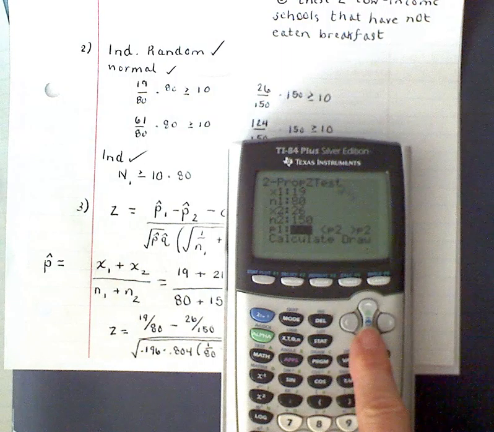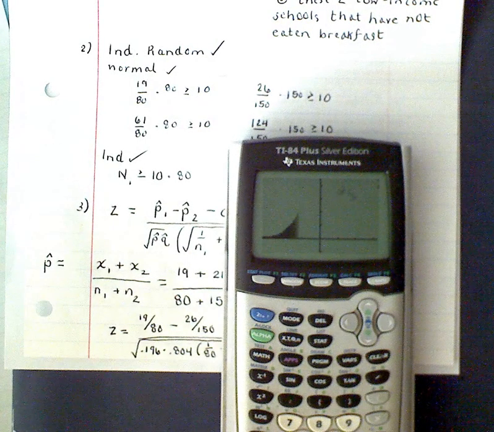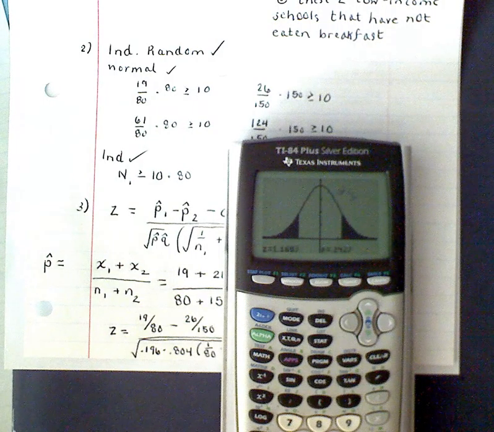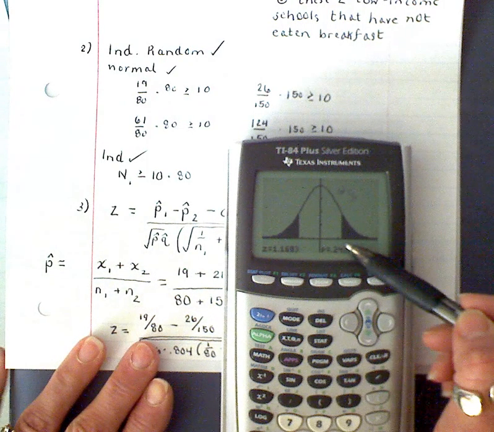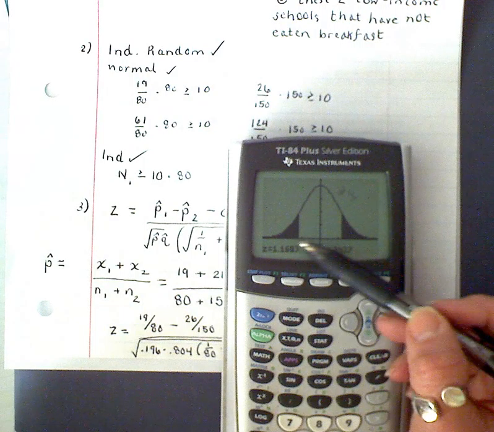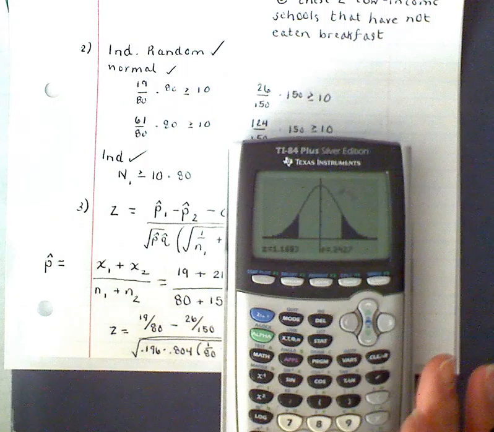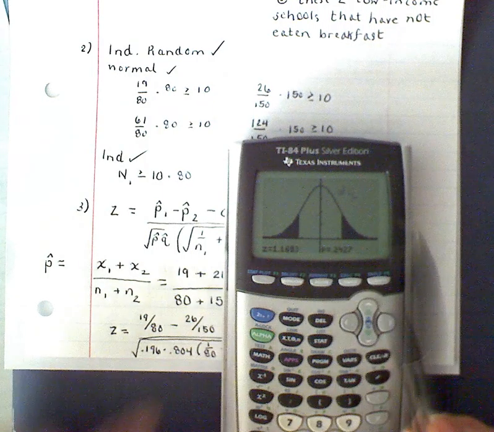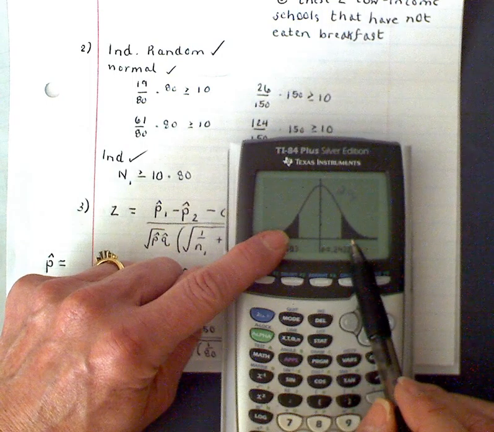This is a two-tailed test, so if I draw, I'm going to see two tails shaded. My z-score was 1.17-ish, so my sample results were actually up here, okay? But because it's a two-tailed test, then we have to go 1.17-ish standard deviations below, and so your p-value is the area of both of those tails together, okay?